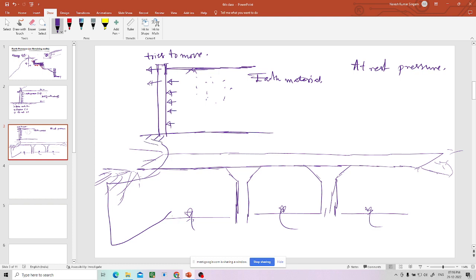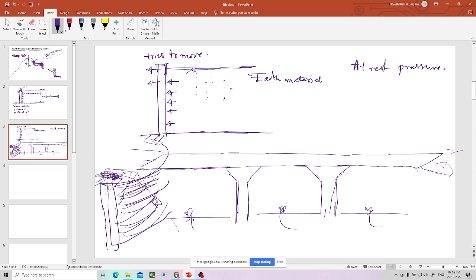You might have seen this is earth, so there is a wall at this. To avoid this earth material falling from here into the water, we will construct a wall here, like this in arc shape, or it may be in the longitudinal direction. So this wall is designed in such a way that it will not move at all.